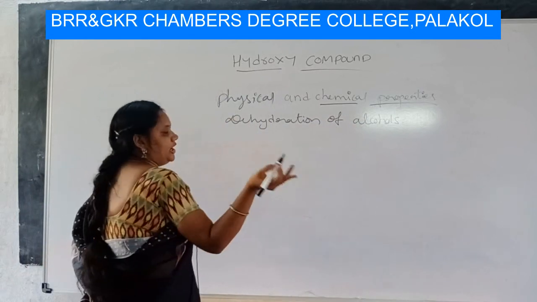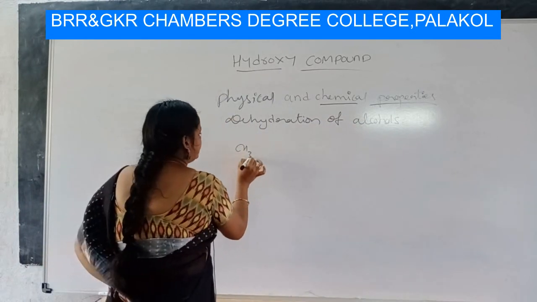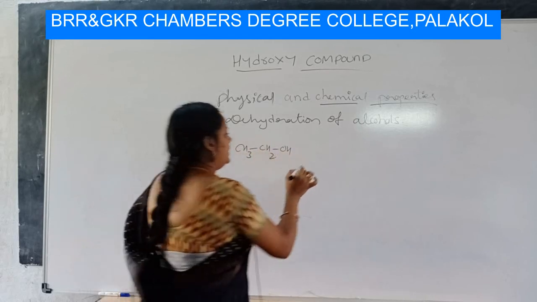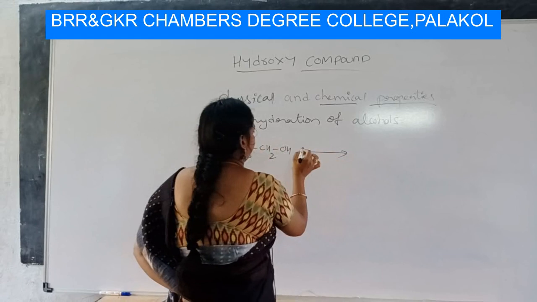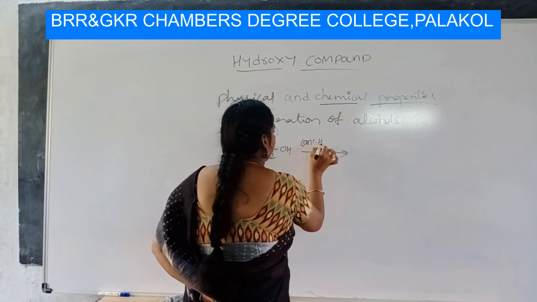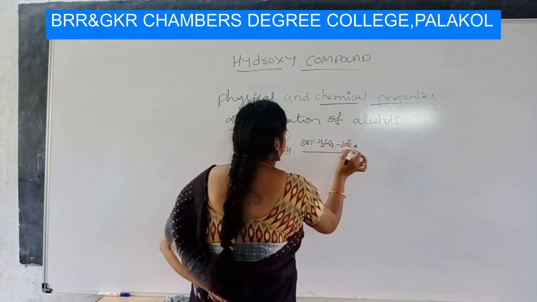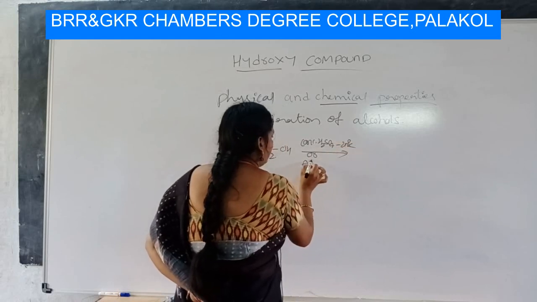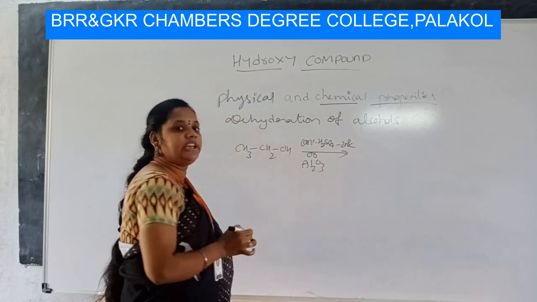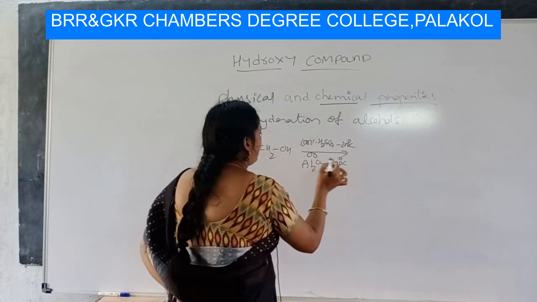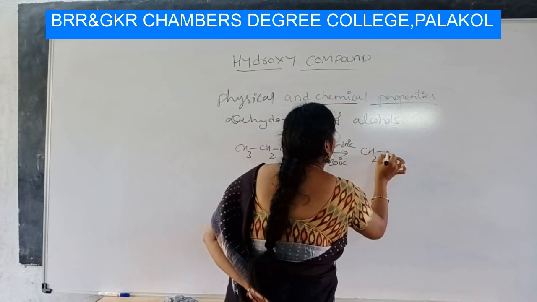If you take a primary alcohol, for example CH3CH2OH, and it is treated with concentrated sulfuric acid at 200 degrees C or Al2O3, aluminium oxide, at 300 degrees C, what happens? You will get an alkene.